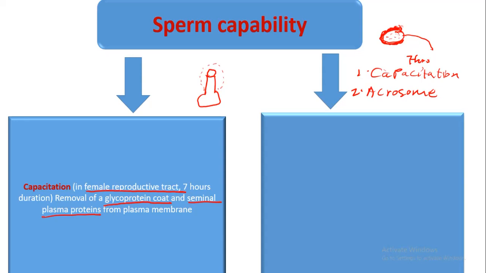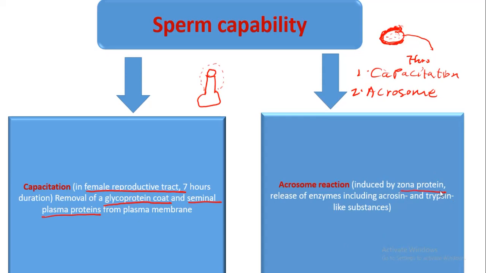So when this sperm has been exposed, a reaction has to take place, and this reaction is known as what? The acrosomal reaction. This reaction is induced by Zona proteins.